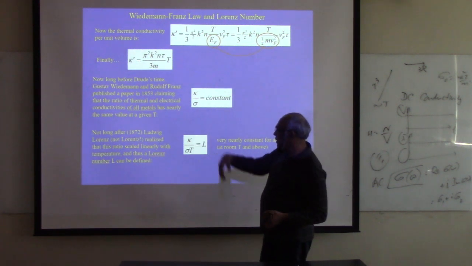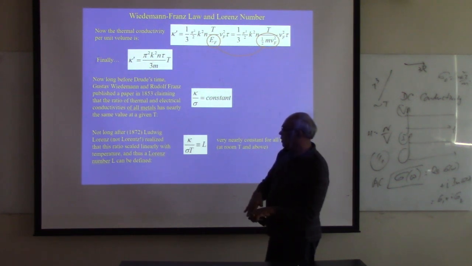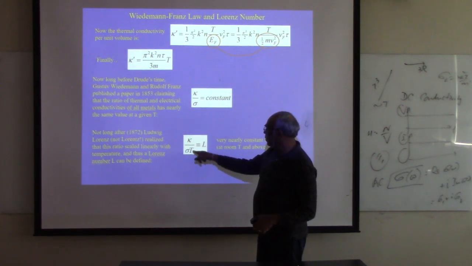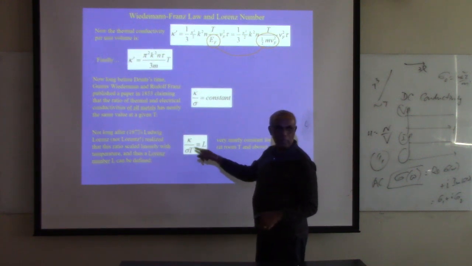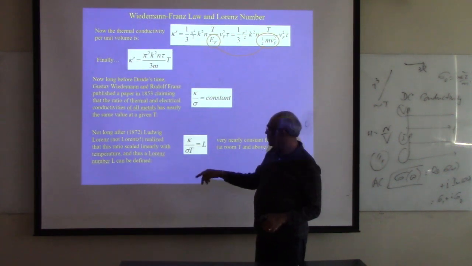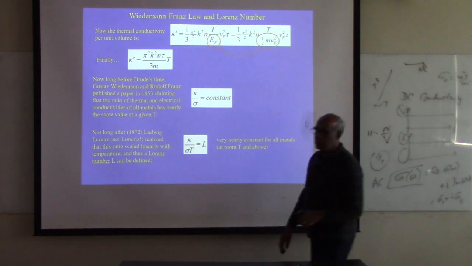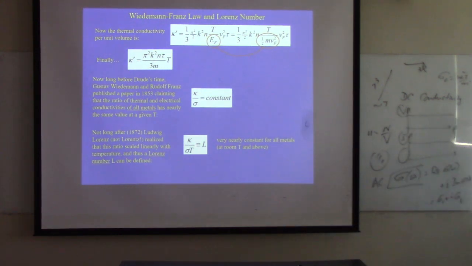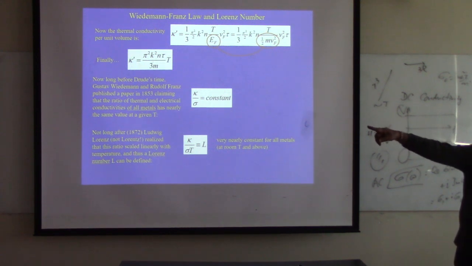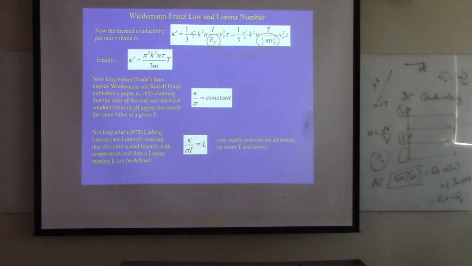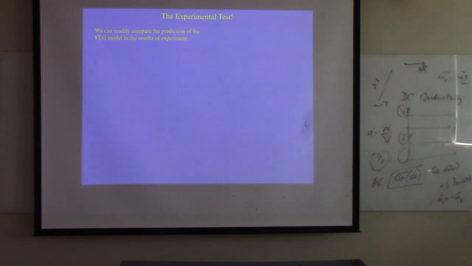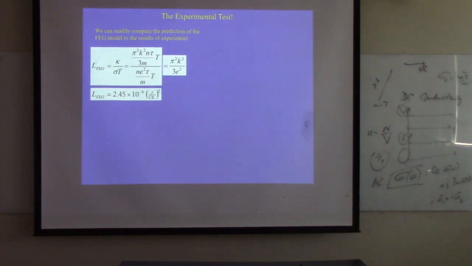So with this theory, now we can show K over sigma T is a constant, right? This number is called the Lorentz number, because that's a constant, right? That's given by pi squared k_B squared over 3e squared. You can calculate that value; it is about 2.45 times 10 to the power minus 8 J over C K squared.